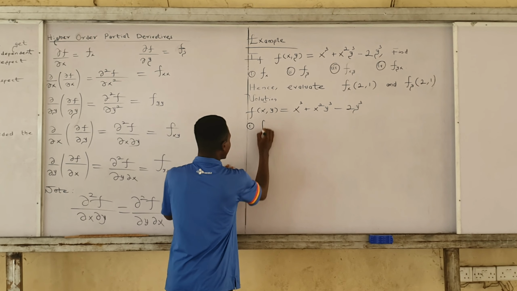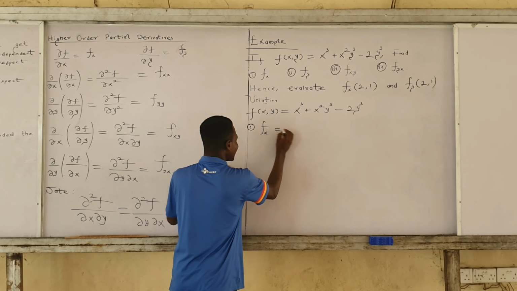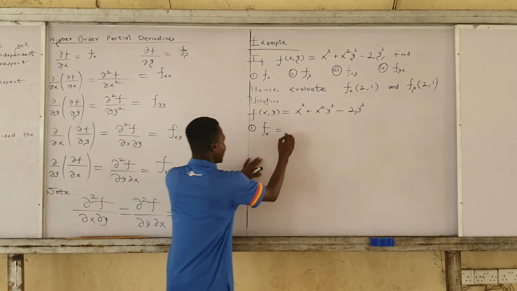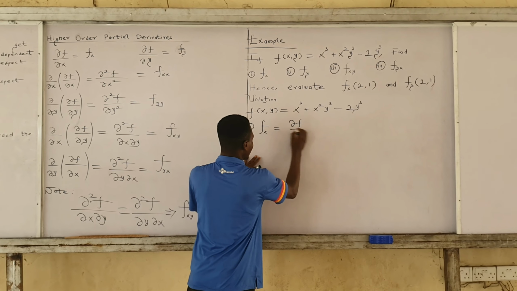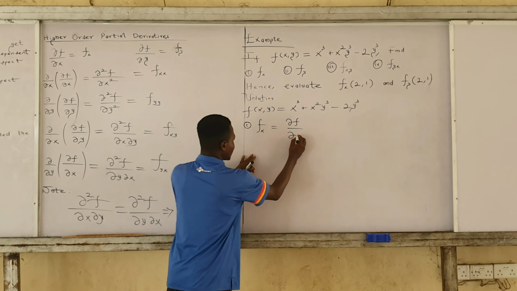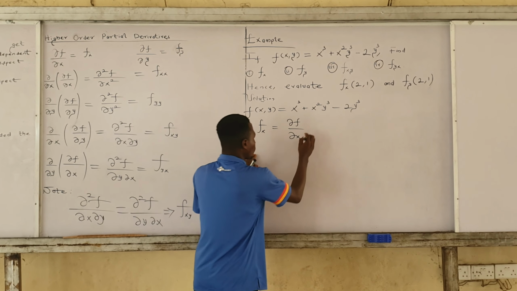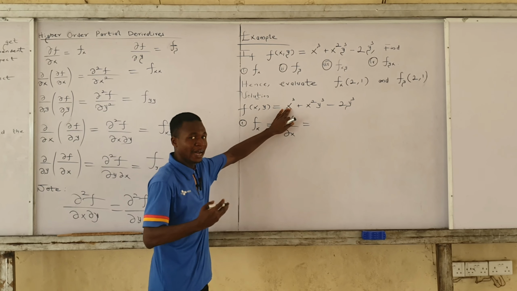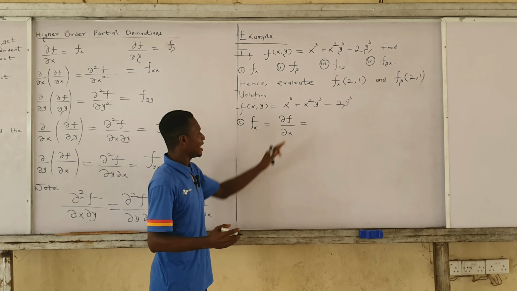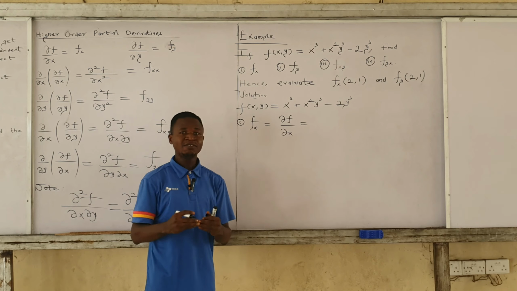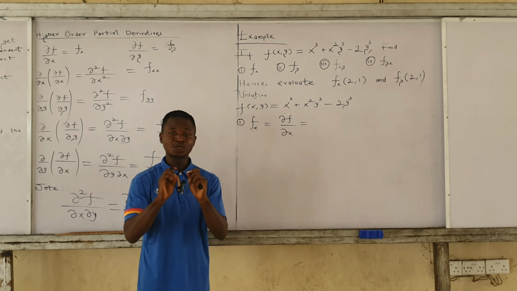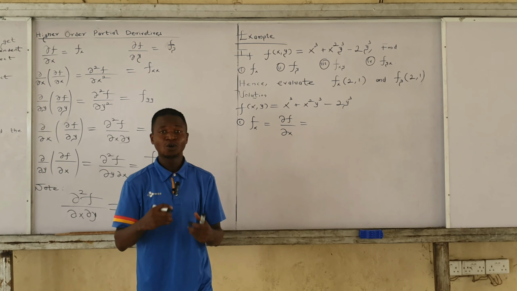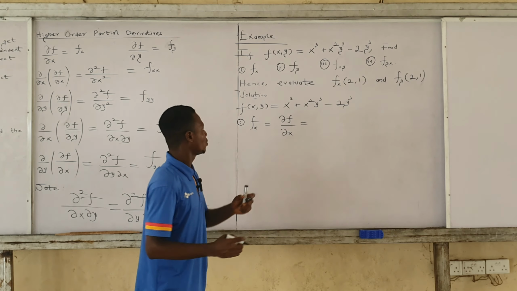So this is given as f subscript x, which is the same thing as ∂f/∂x. That is what it means. So what does it mean? It means that we should differentiate the function partially with respect to x, such that every other variable that is not x should be treated as a constant or as a number. So let us do that now.